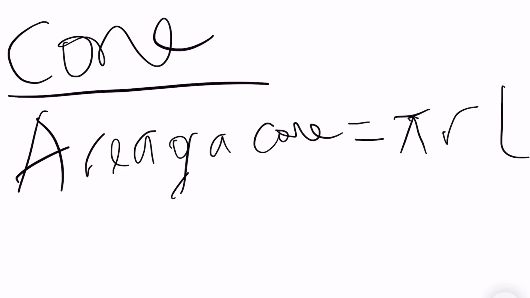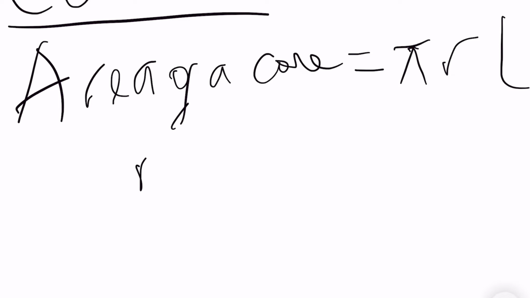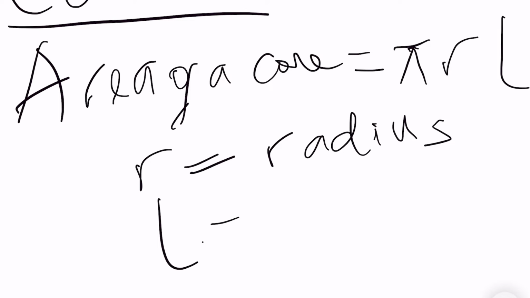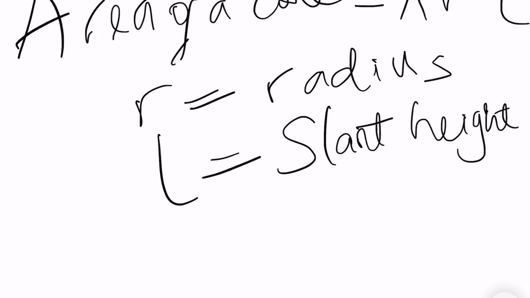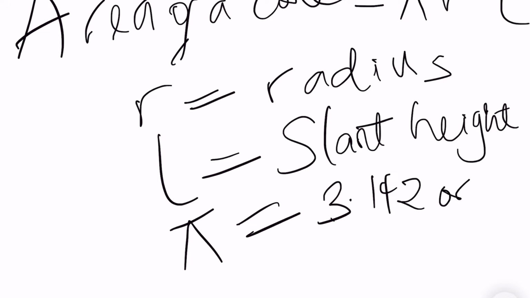The formula for the area of a cone is pi RL, where R is the radius, L is the slant height, and pi is a constant, 3.142 or 22/7. That is the formula for the area of a cone.